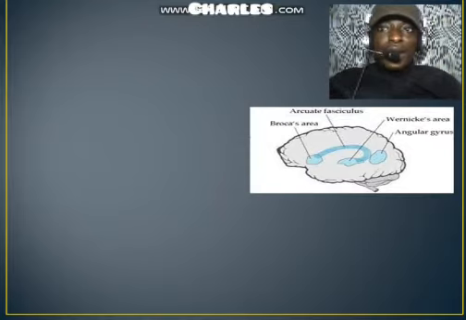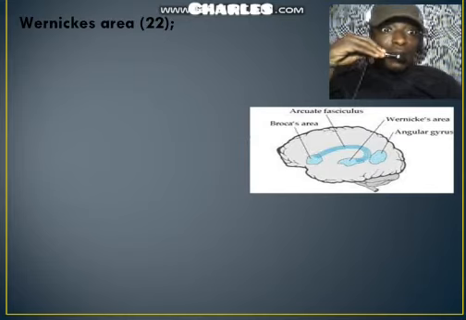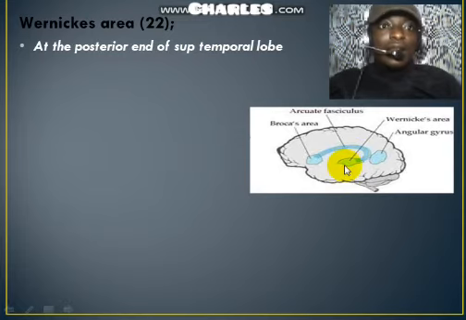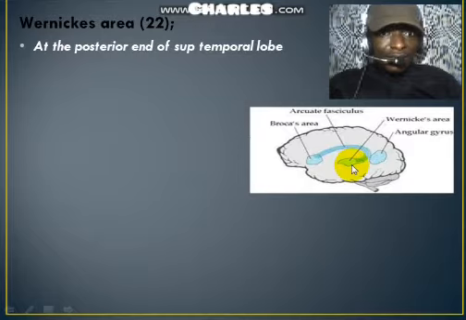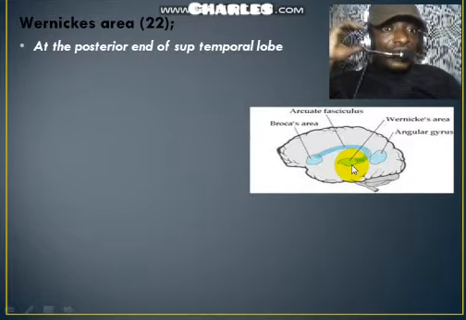Alright, we shall now look at the specific roles of these structures that are involved in speech, beginning with the Wernicke's area. It is area 22 of Brodmann's. Now, this area is located at the posterior and superior end of the temporal lobe. Remember, we discussed all the lobes of the cerebral cortex. Alright, the temporal lobe is just slightly above the ear.